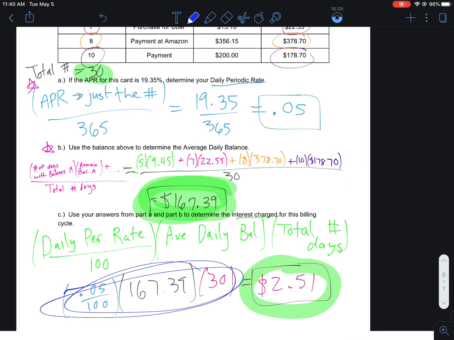And if I plug that into this formula here, for that billing cycle, you will be charged an additional $2.51 interest. Not so bad. $2, yeah, it stinks. That gets much higher if you have a much larger balance and you don't pay your credit card off. But that's how that gets calculated, and that's how they add that little interest charge on it.